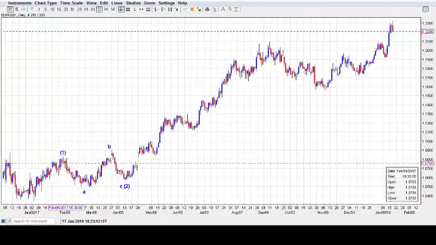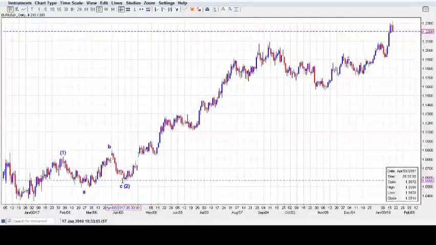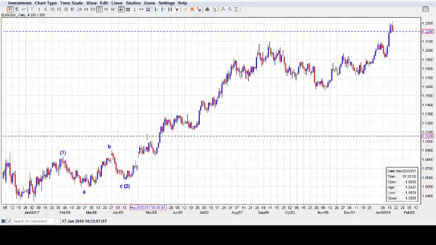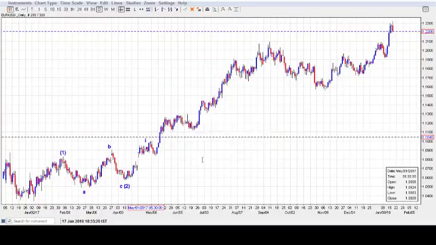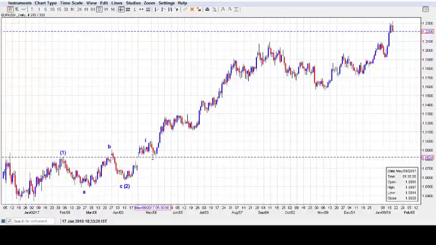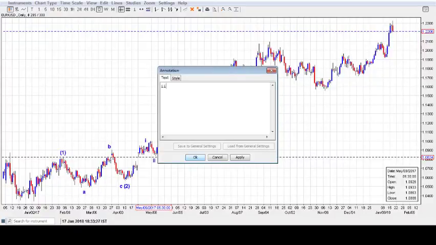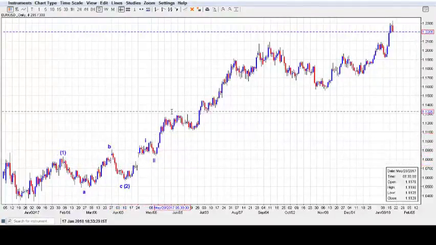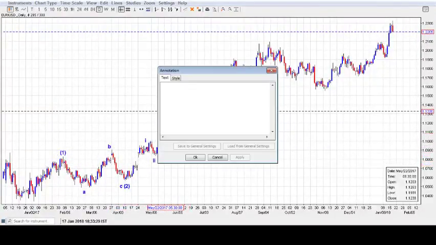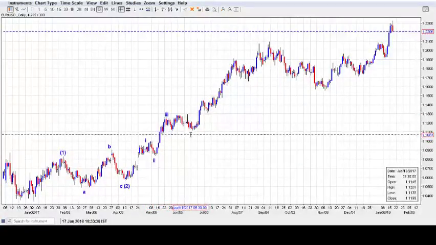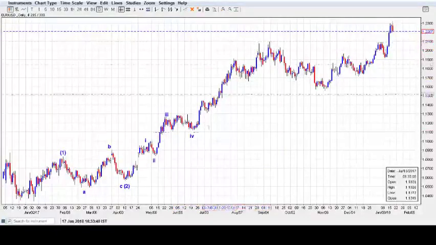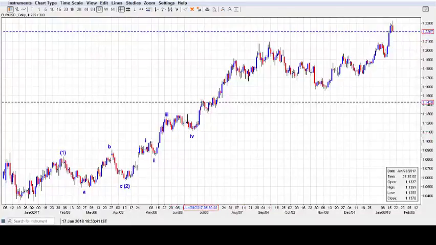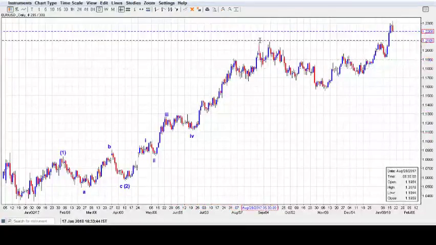Wave 1, and then an ABC wave 2. If we break this down into 5 waves, that was an ABC wave 2, and again 3, 4, and the fifth wave extended itself: 1, 2, 3, 4 and 5.